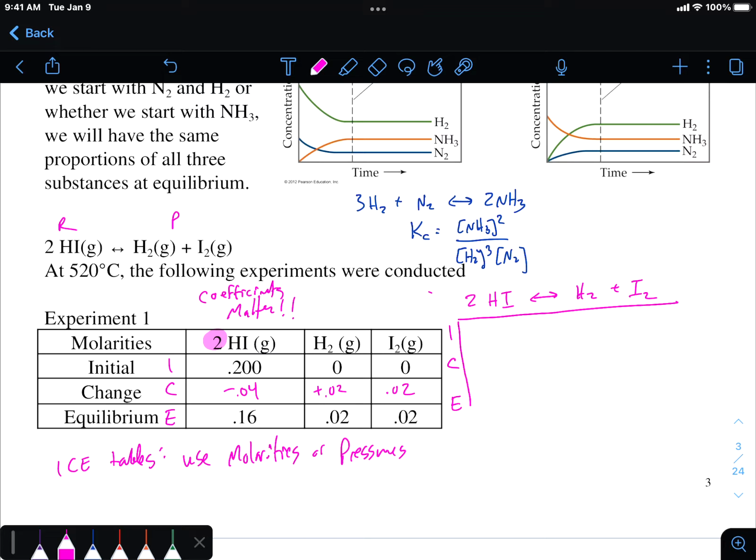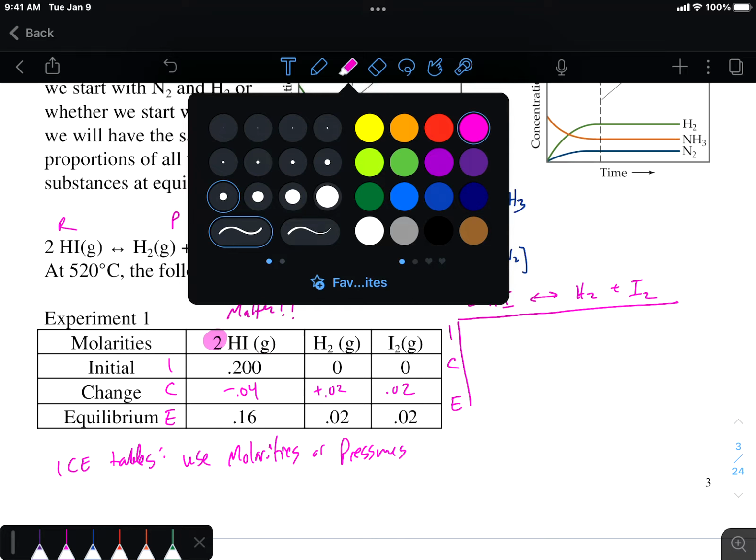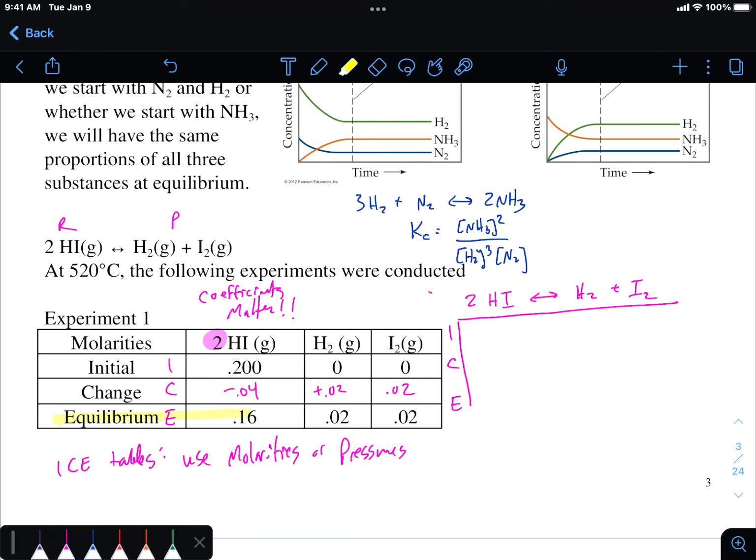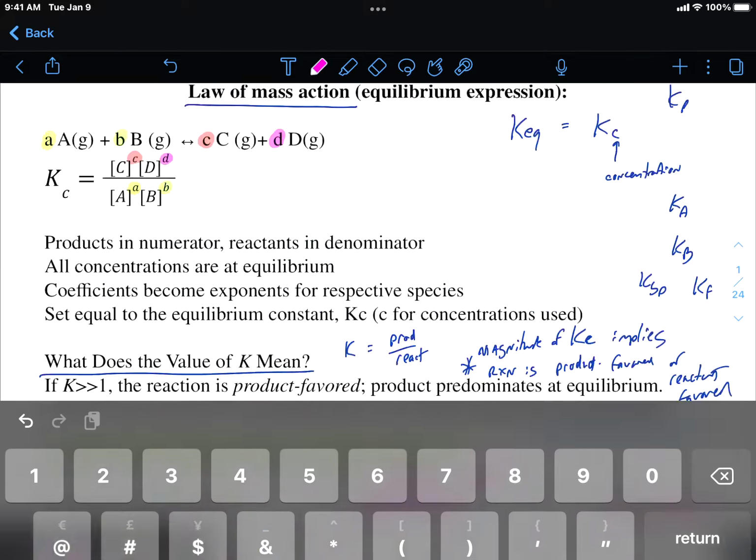Okay. Hey, and guess what? One of the primary problems is to determine equilibrium values or determine the equilibrium constant. Guess what we can do now? We have the equilibrium concentrations. If you have the equilibrium concentrations, you can now solve for the equilibrium constant value because you need these. And we have those.